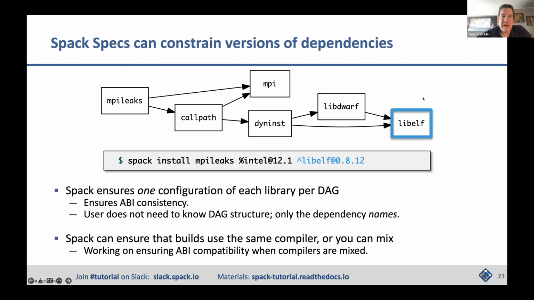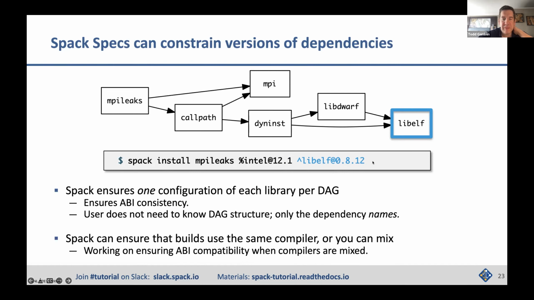The other thing that Spack can do that you've seen is that you can constrain versions of dependencies. So if you do spack install MPI leaks with the Intel compiler, and you know that the version of libelf that we give you by default is breaking things, you can customize that. You can say, okay, I really want libelf at version 0.8.12 instead, because I know that's what's breaking my build.